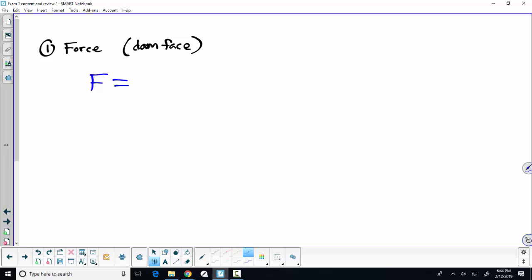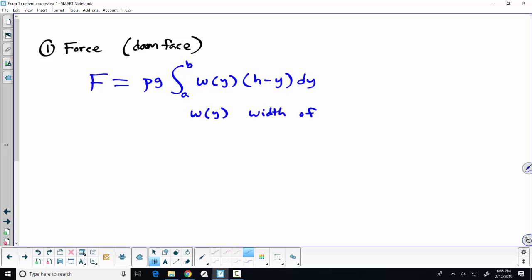And the integral times maybe the width. Okay, good. So this time we're looking at the width of the cross sections times the height. Again, it depends on the tank.